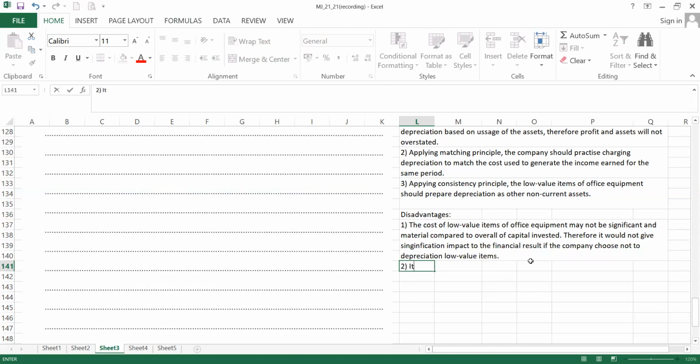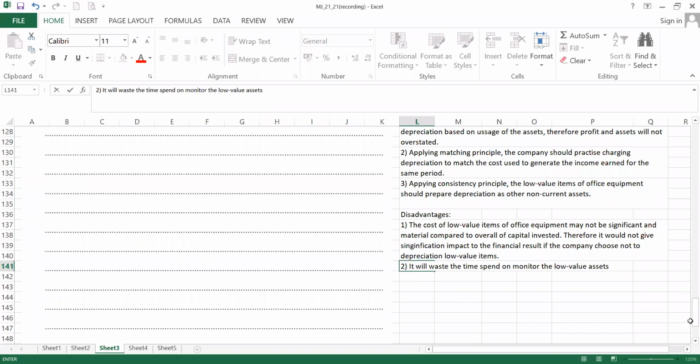Second is that it will waste the time spent on monitoring the low value assets and it is not effective cost saving to the company.